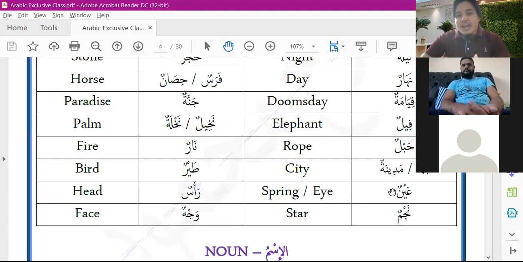And also ain is a spring, the water coming out from the mountain or from the land. Another meaning of ain: this is our group in this study, and now somebody enters as an ain. What is ain here?